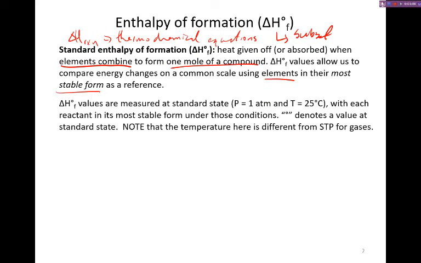We measure standard enthalpies of formation at a standard state, meaning 1 atmosphere and 25 degrees Celsius. If you were to change the pressure or the temperature, then it would no longer be standard state and the values would change. The symbol here, which is called naught, denotes that the value is at standard state. So we would read this as delta H naught F, or the change in the standard enthalpy of formation.